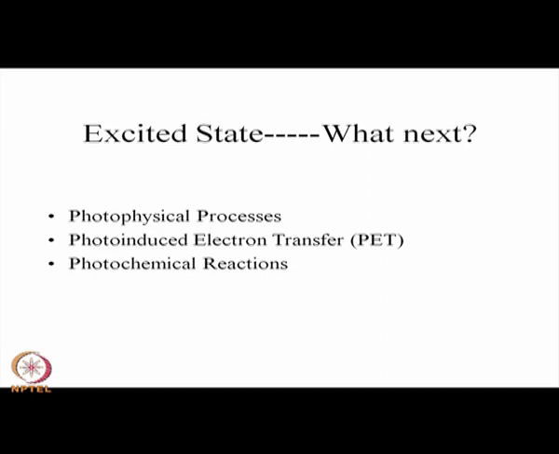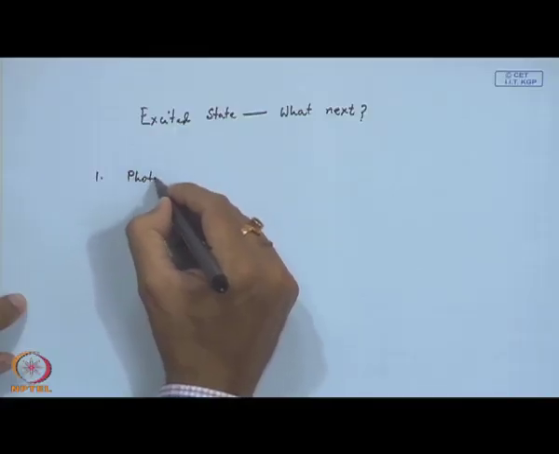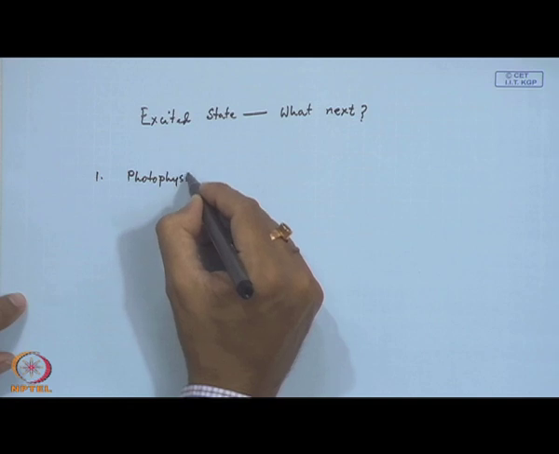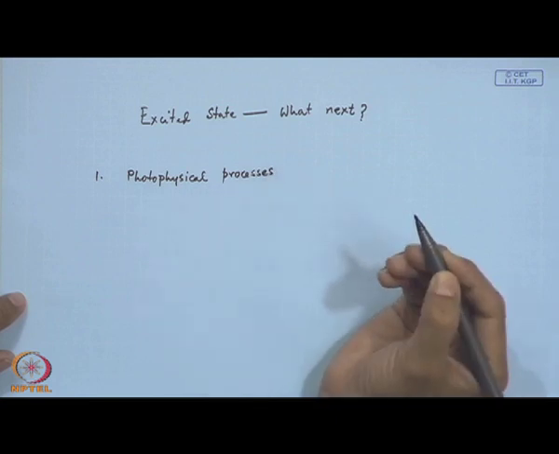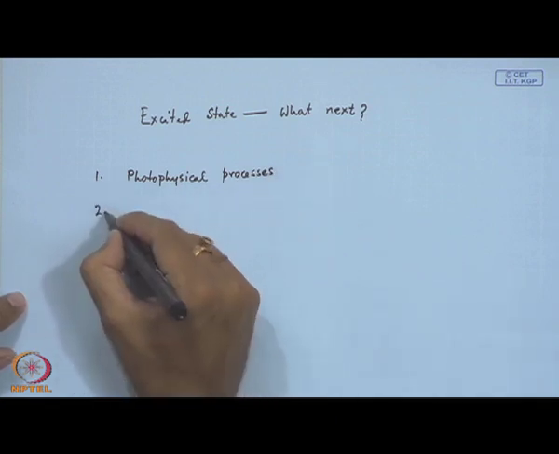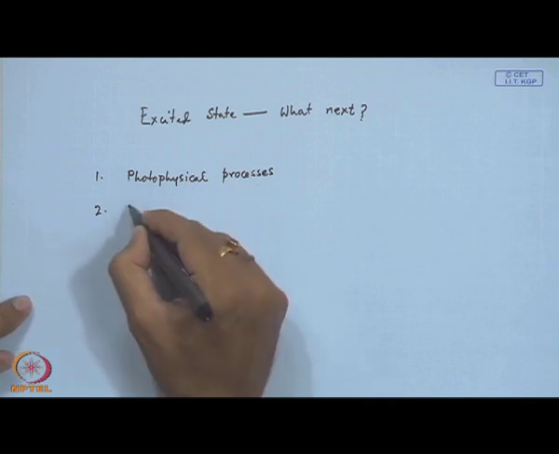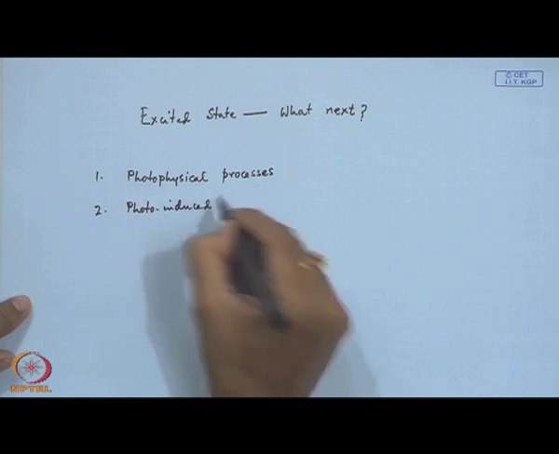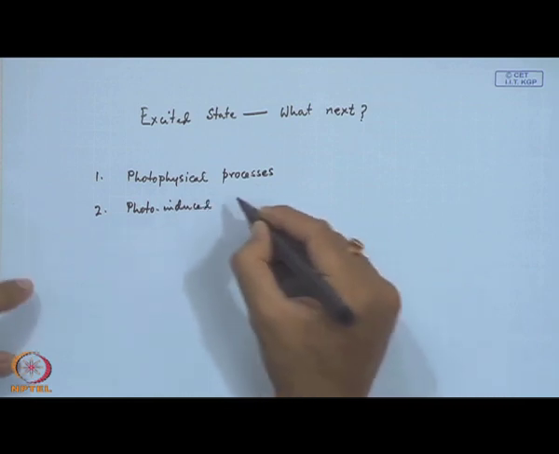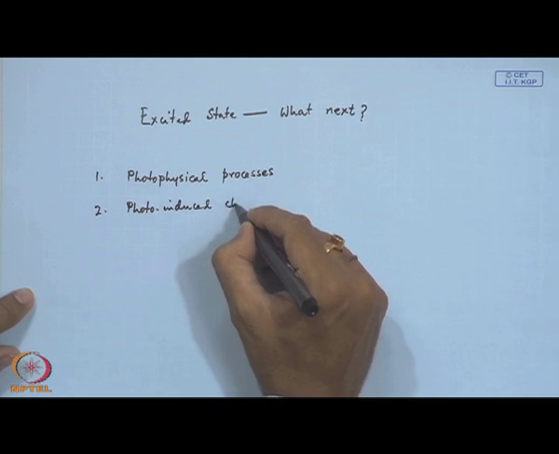So, what is going to happen with the excited state? Broadly three things may happen. One is a photophysical process. Number two can be photo-induced electron transfer or charge transfer, better to say charge transfer.